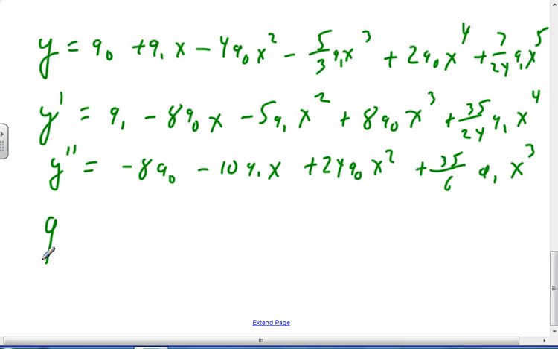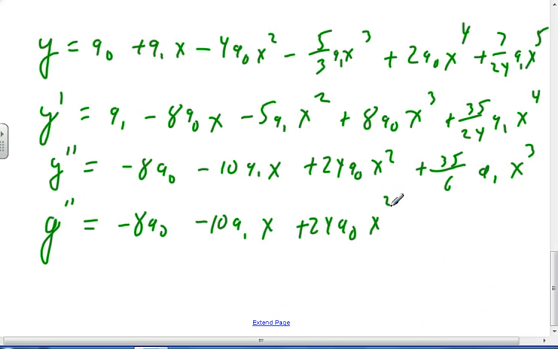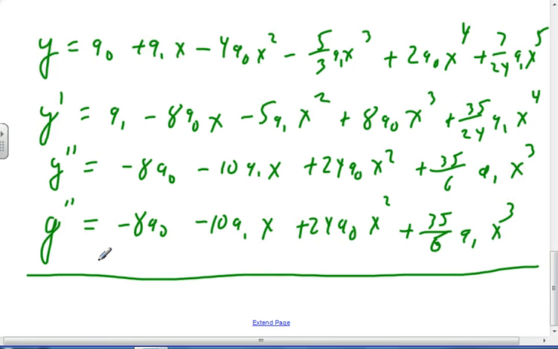And I'm going to need 2 of those guys, so I'm going to get the other one. Minus 8a0, 10a1 x, 24a0 x squared, 35 over 6 a1 x cubed. Now when you do this for the exam, I'm going to tell you exactly how many of the a's I want, so it won't be any mystery.